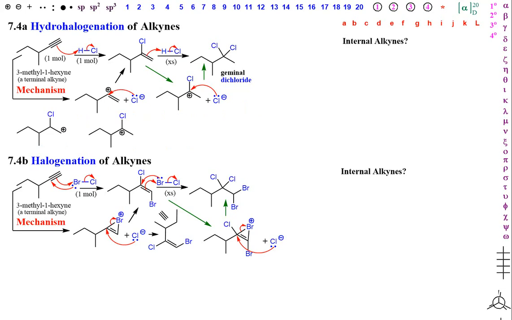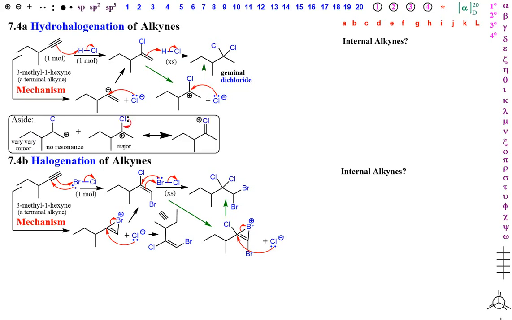This cation here has a chlorine with lone pair, which can resonate with the carbocation, thus completing the carbocation's octet, giving this resonance form here. As you can see, no octet violations here. So it's not all about hyperconjugation. This cation is the major cation because of resonance.